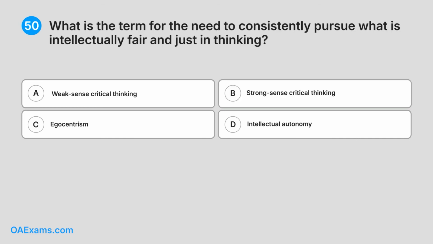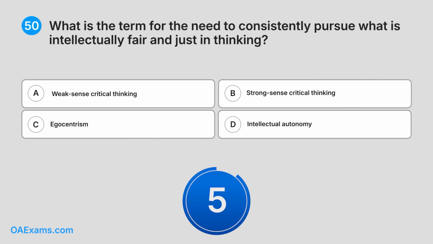50. What is the term for the need to consistently pursue what is intellectually fair and just in thinking? A. Weak sense critical thinking. B. Strong sense critical thinking. C. Egocentrism. D. Intellectual autonomy. Can you guess the answer?